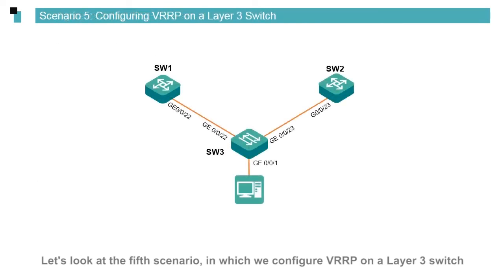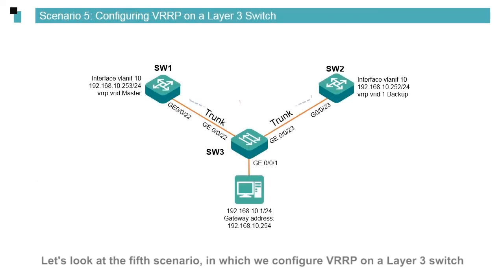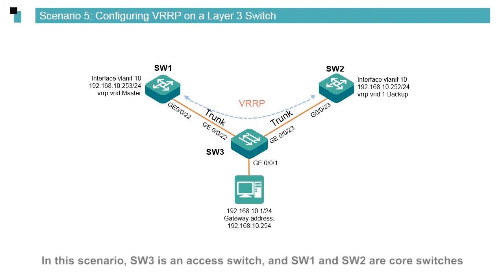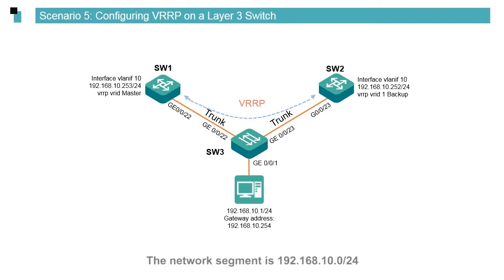Let's look at the fifth scenario, in which we configure VRRP on a Layer 3 switch. In this scenario, SW3 is an access switch and SW1 and SW2 are core switches. The network segment is 192.168.10.0/24.